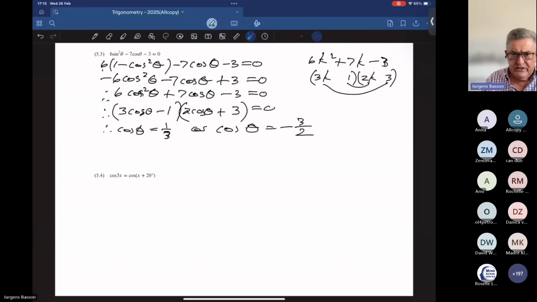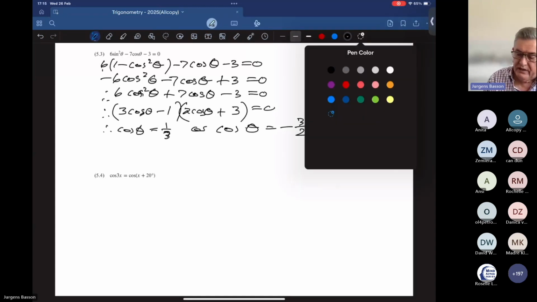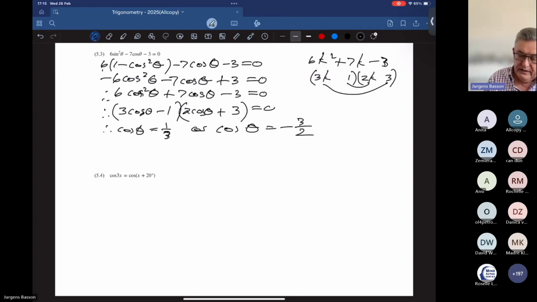I normally don't tell them unless they can tell me, and then I ask them to do it, and they will get an error because negative 3 over 2 is outside the range of cos. Remember cos and sine are between minus 1 and 1. So that basically means that this one has no solutions. Not applicable, or we can rather say no solutions.